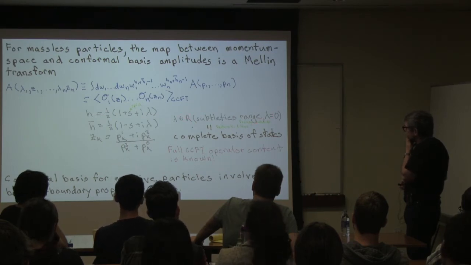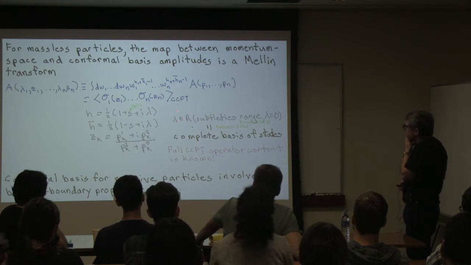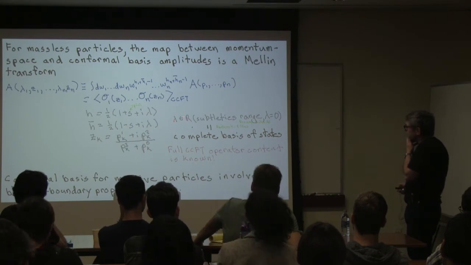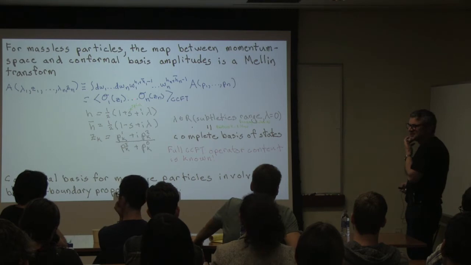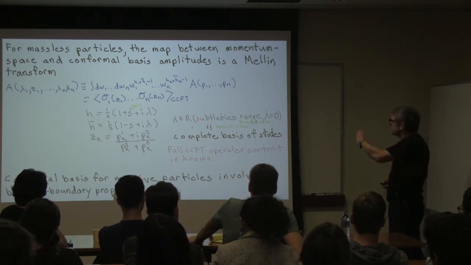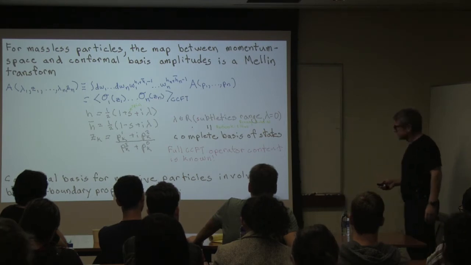But for a massive field, which this also applies to, the negative lambdas are the shadows of the positive lambdas. Did I get that right, Chuang? Yeah, they're the shadows of the positive lambdas, and lambda is only over positive real numbers. So there are a lot of interesting subtleties in there.